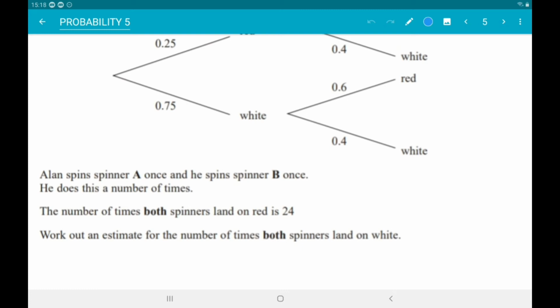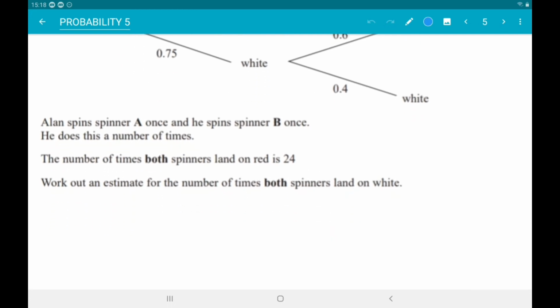Alright, so the probability of red is 0.25 times 0.6. Now that is 0.15.